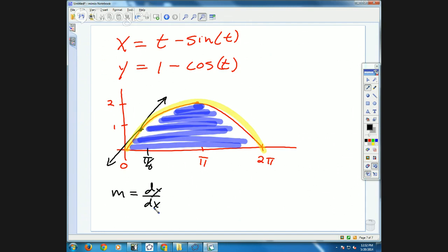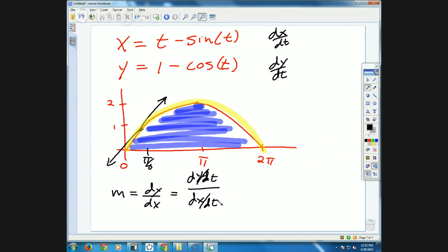But I can find dx/dt in the top one, and dy/dt in the bottom one. As long as it's the same t, the slope ends up being dy/dt over dx/dt. I'm not going to prove it, we're just going to use it. It totally makes sense anyways.